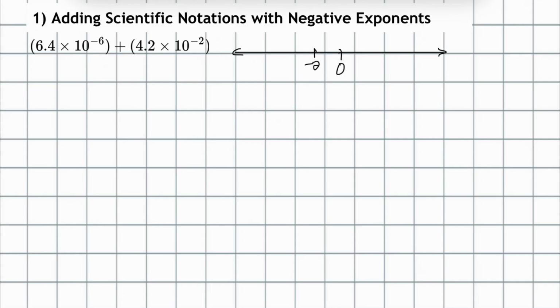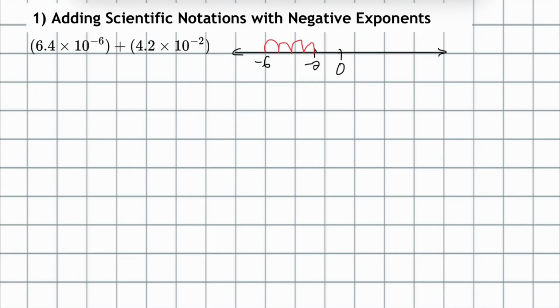And when we think about moving from negative 2 to negative 6, we have to analyze how many times we are moving from negative 2 to negative 6, from here to here, basically. How many times are we moving? And we're going to count. So that's negative 3, negative 4, negative 5, negative 6. So negative 6 is going to be here.